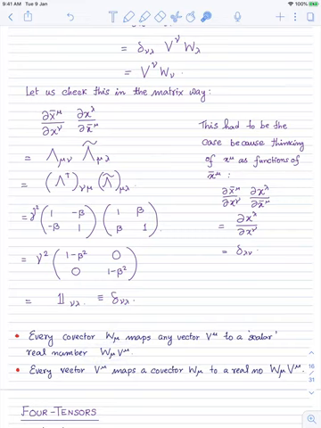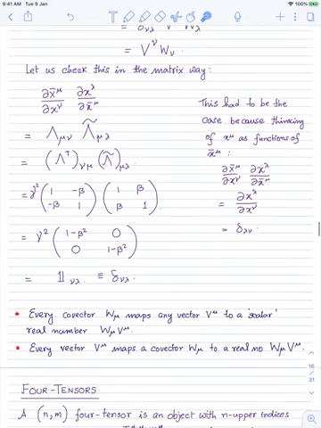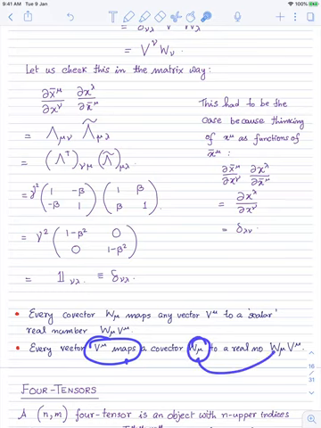So basically I can think of covectors as the set of all maps which take a vector and map it to an invariant scalar real number. And similarly we can think of the vectors as being the set of all maps that take a covector and map it to an invariant real number, because this object is invariant.